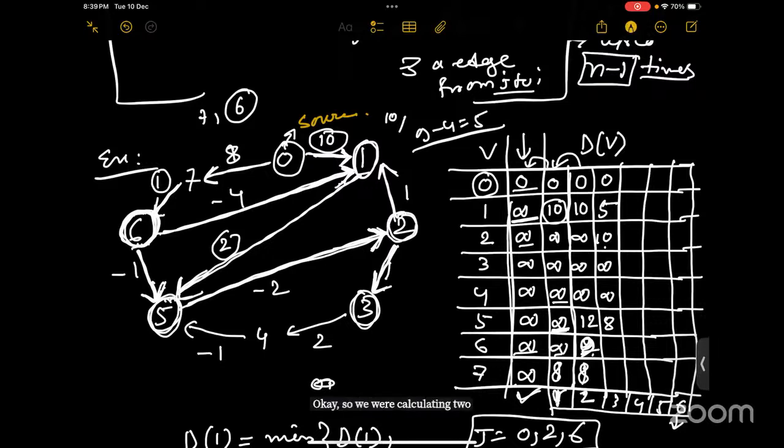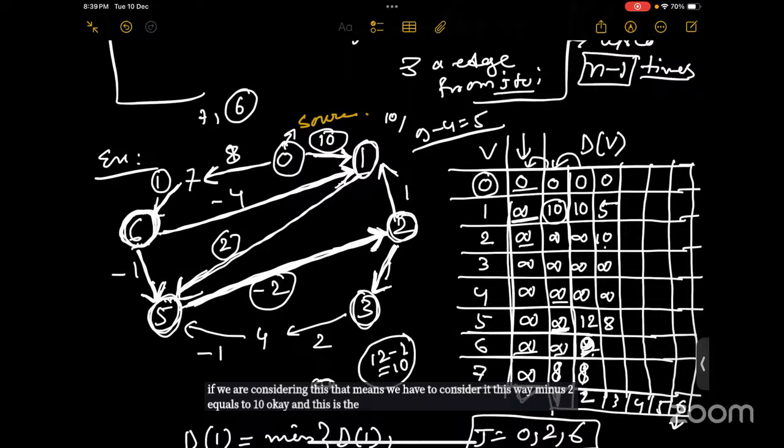That means we have to consider this edge, which is the only incoming edge, right? The distance of 5 is 12, and if we consider this, we add the weight minus 2, which equals 10. And this is the minimum because others will be infinity, right?